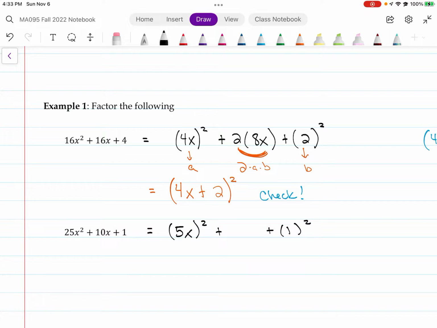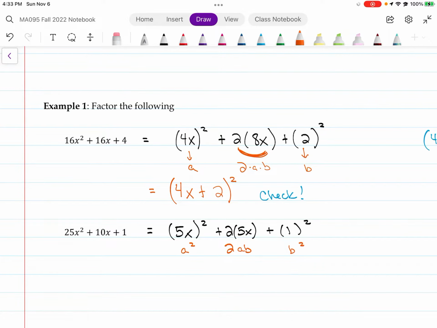So now, do you get 2 times 1 times 5 times x? And yes, you do. So this is our a term, this is our 2ab term, and this is our b term right here. So it is squared, and that is squared.